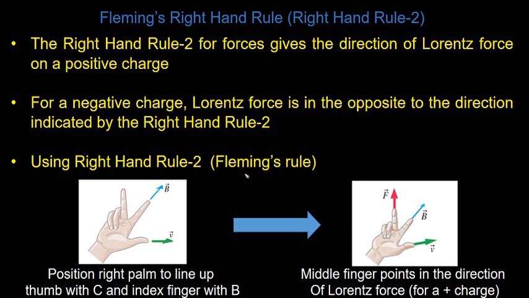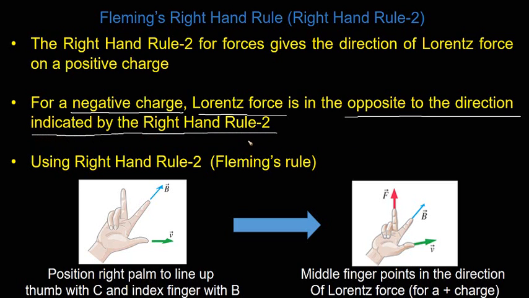And if the charge is negative, then we'll have to modify the rule a little bit. This is the modification. For a negative charge, the Lorentz force is in the opposite direction to the direction indicated by the right hand rule, type 2, or the Fleming's right hand rule.